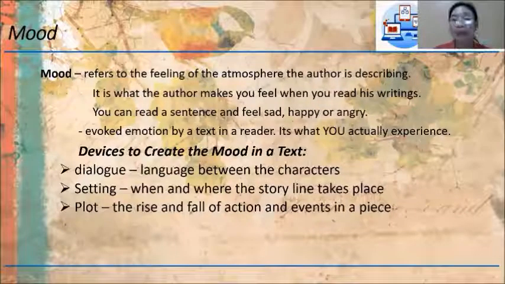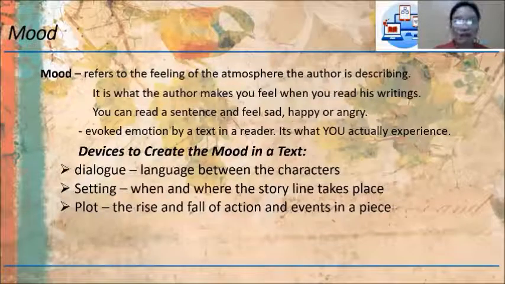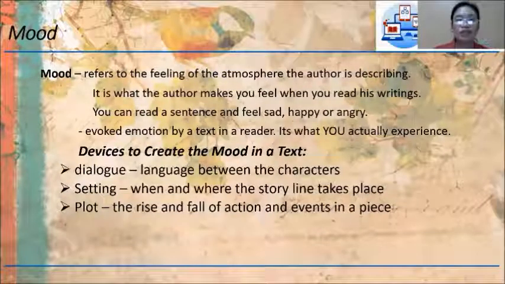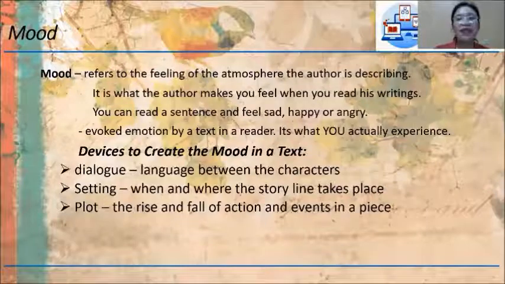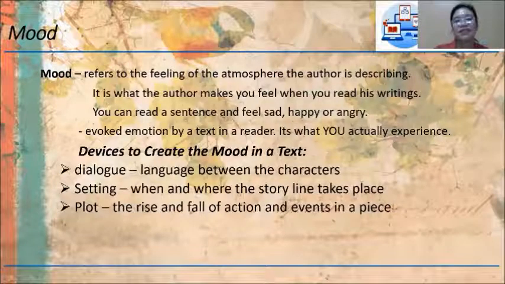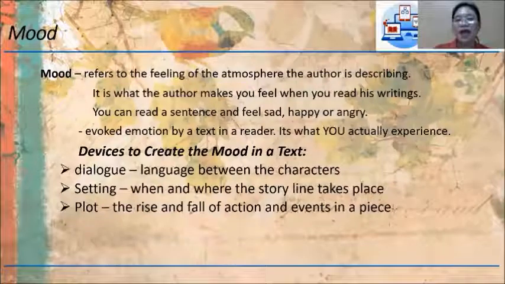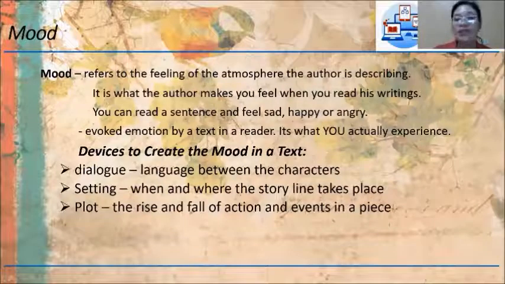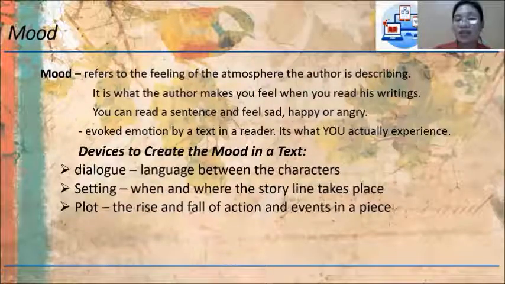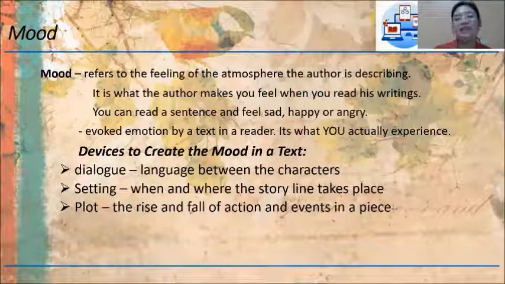Okay, so we have dialogue. Okay, when you say dialogue, it refers to language between the characters. And then we have also setting. Okay, setting refers to when and where the storyline takes place. And we have also the plot. Okay, as we all know, the plot is the rise and fall of action and events in a piece.